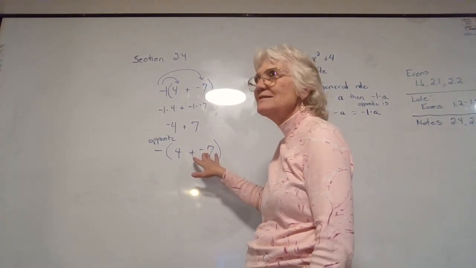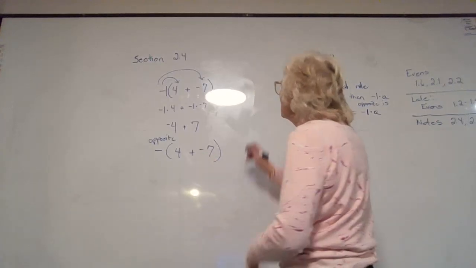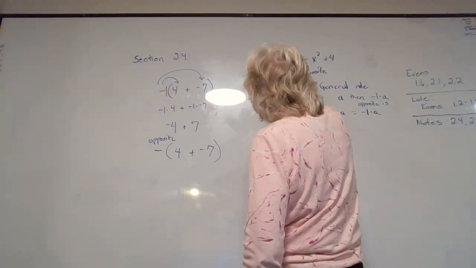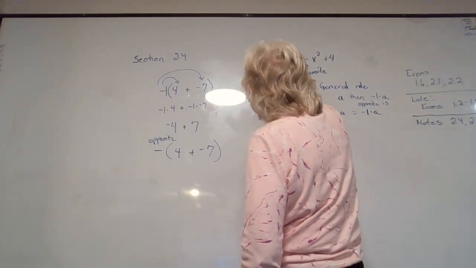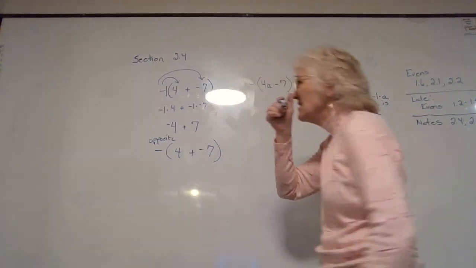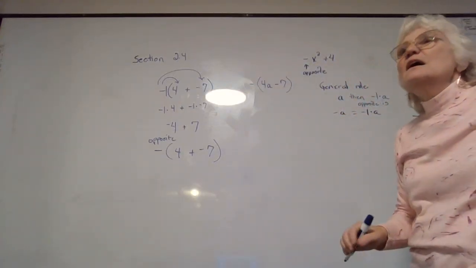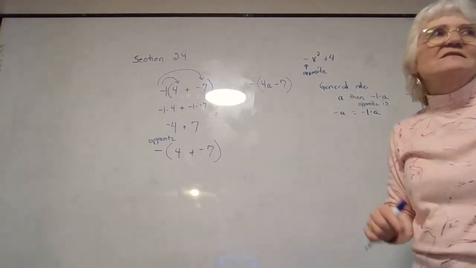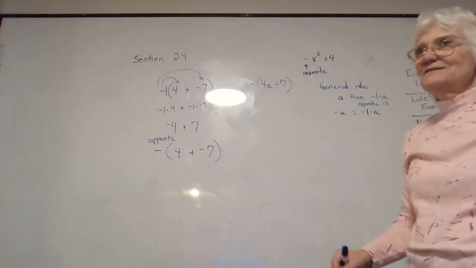Now the question becomes, what if I have 4a minus 7, and I put an opposite there? Do you remember that subtraction is the same as adding a negative?